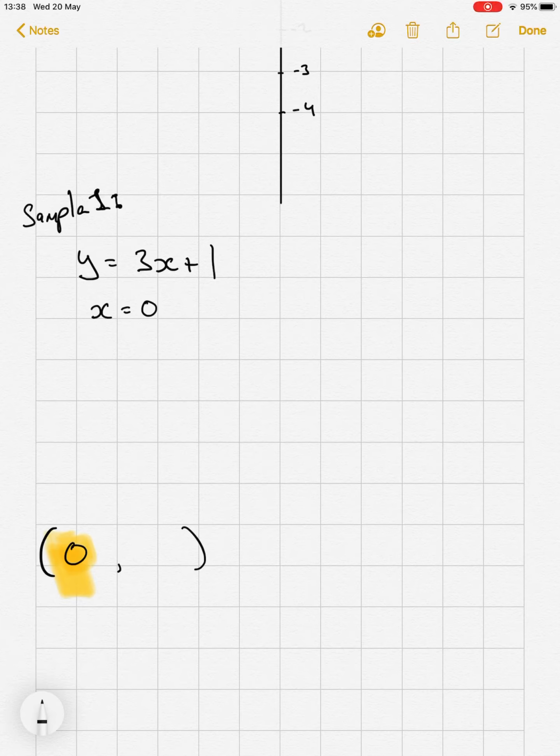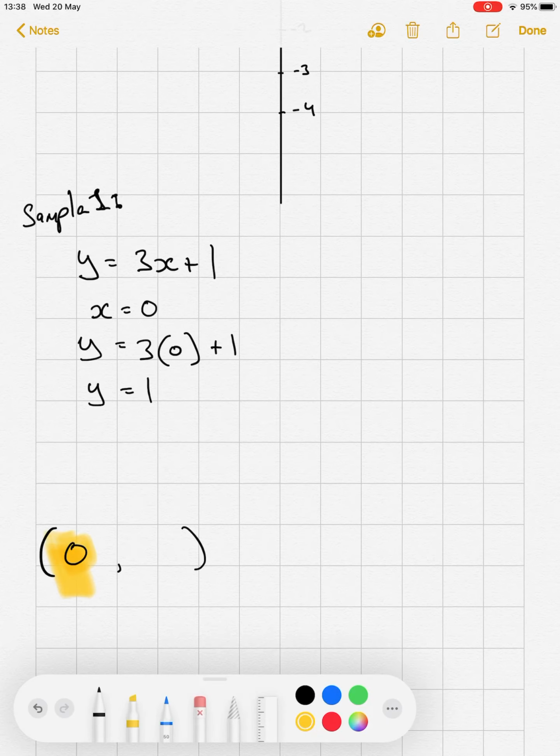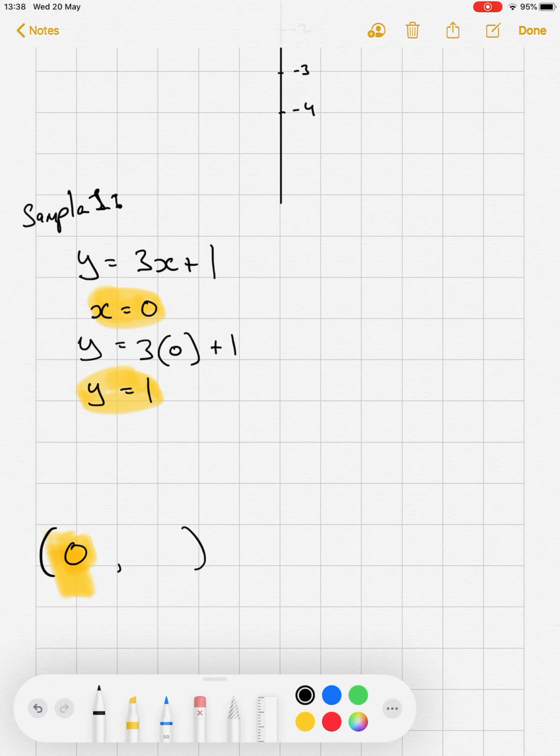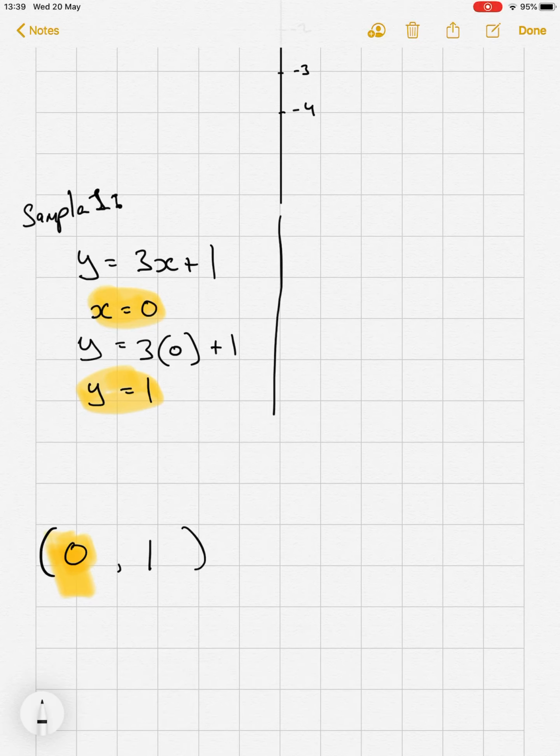So let's see what y is when x equals 0. Fill in 0 for x, so 3 times 0 plus 1. So y is equal to 1. Now we know when x is 0, y is 1, so you have a point 0, 1. I always go with x equals 0 because that's the easiest point to find first of all.